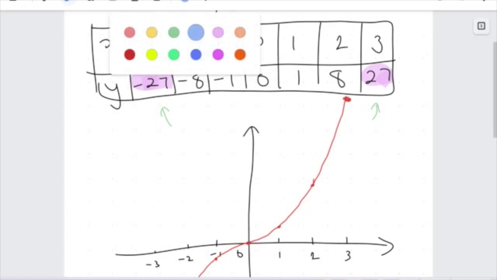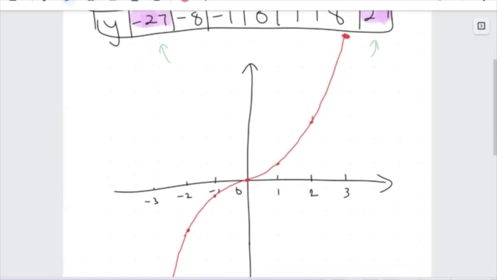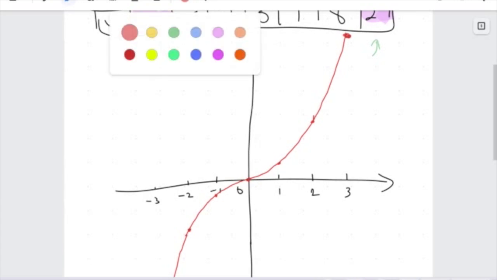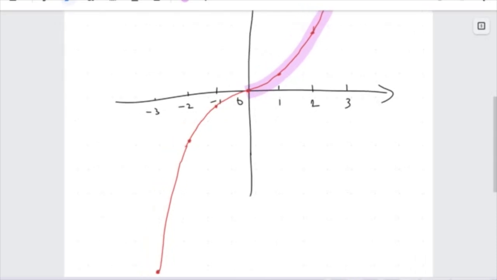All of the positive numbers here produce positive results. And 0 just gives us 0. So this thing kind of looks like it's mirrored but in opposite directions. This thing here and this thing down here. So we have the same y values, but they're just negative for the negative x values.